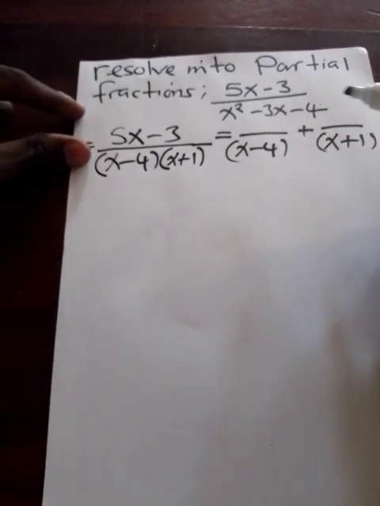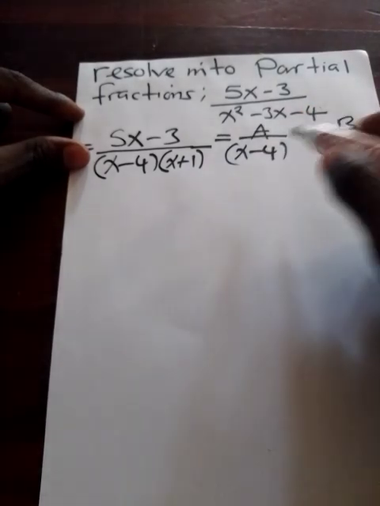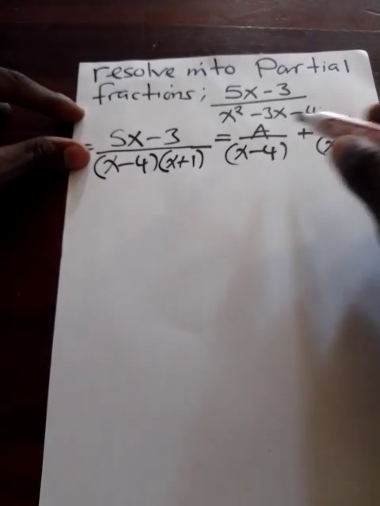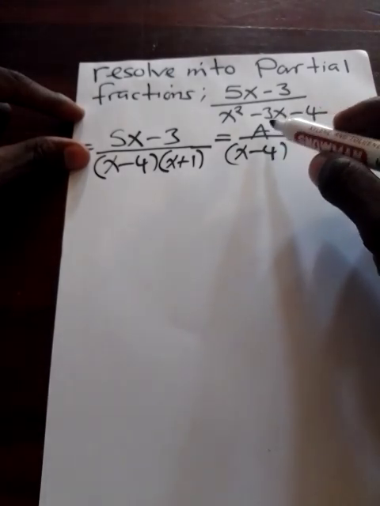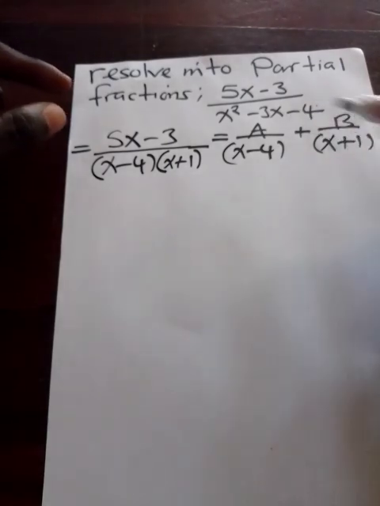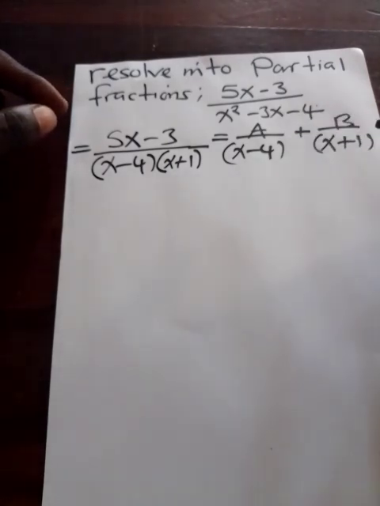So in this case we'll put A for the meantime, and then we'll put B. So this is just A over (x minus 4) plus B over (x plus 1). These two letters, A and B, are standing in for the constants, because when you put a constant here, it will have a degree that is less than that of the denominator.